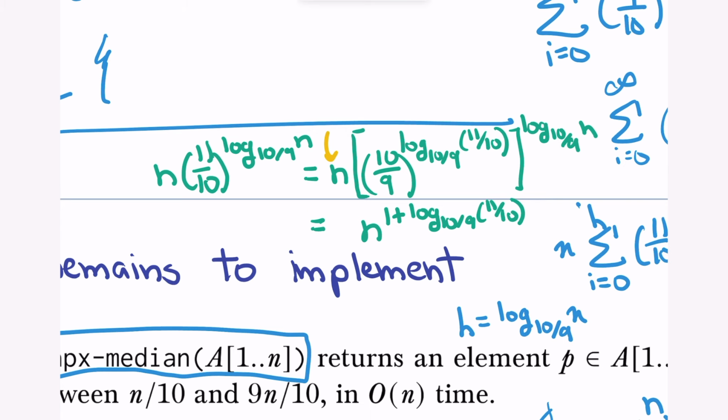Or let me put it this way. I could have written it like this, n times, and then this part is coming from where I bring this n down. But there's always this n here.